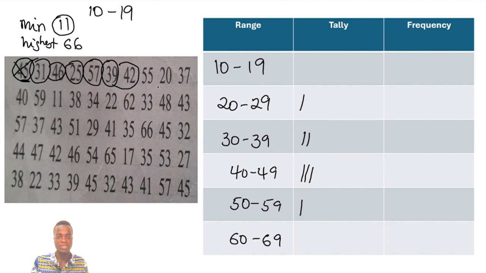Again, the 40s are taking 55, I think it will be here. 20 is definitely here. 37 will fall here. Then 40 will fall here.